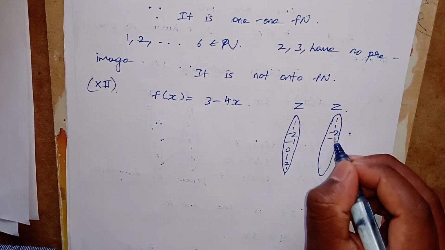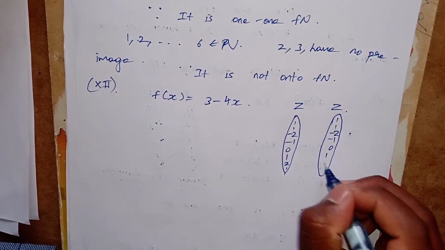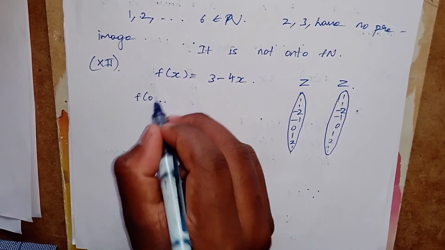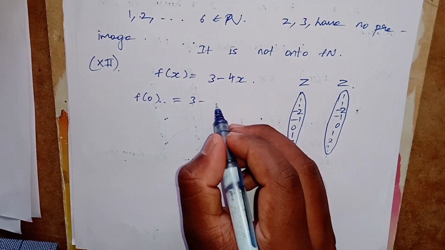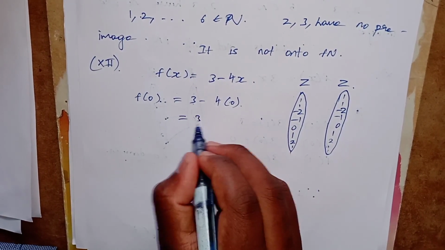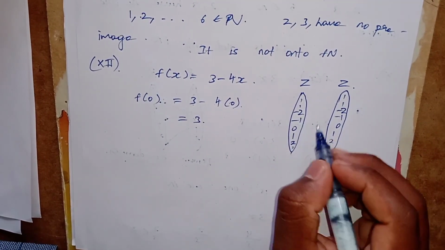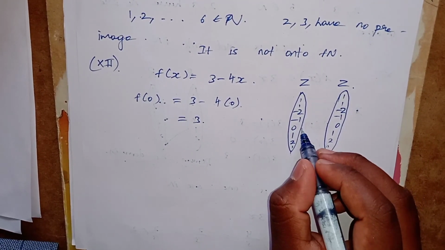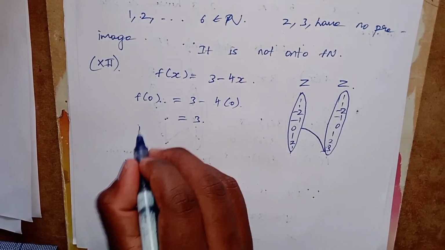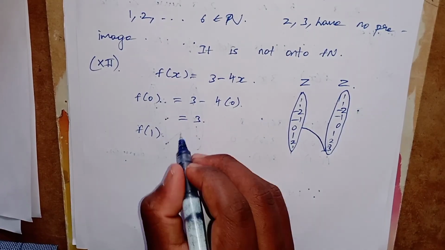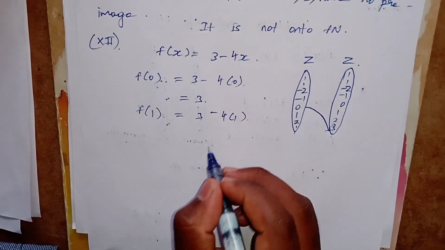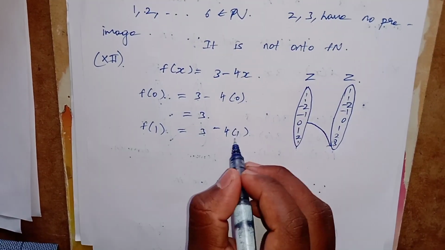I am taking f of 0, 3 minus 4 into 0. 0 into anything is 0, therefore only 3 alone is present. 0 has image 3. Next I am taking plus 1, 3 minus 4 into 1. In the place of x you should substitute the value 1.